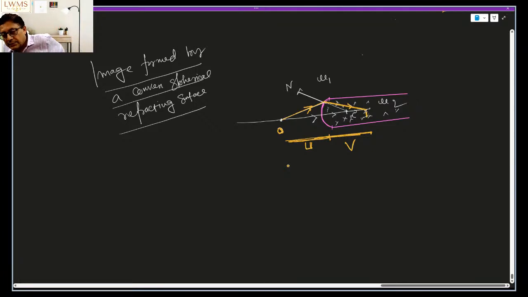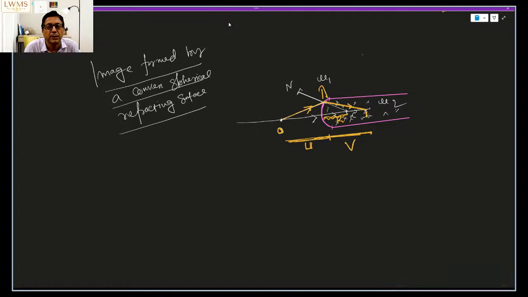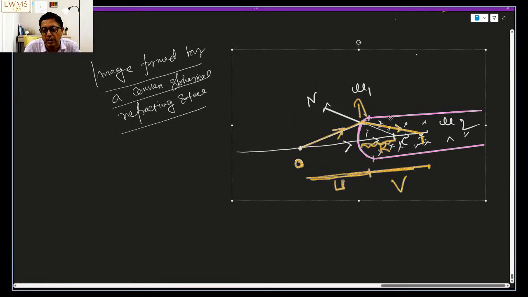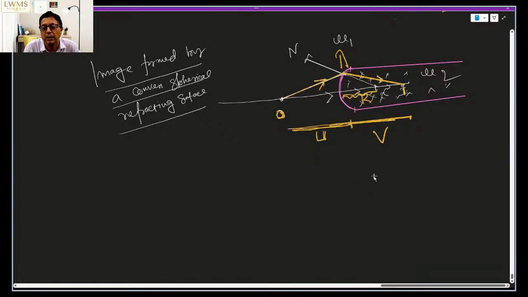The radius of curvature is R. A is the point of incidence. You can have a bigger diagram if you like. Will this diagram be okay, or should I do a bigger diagram?